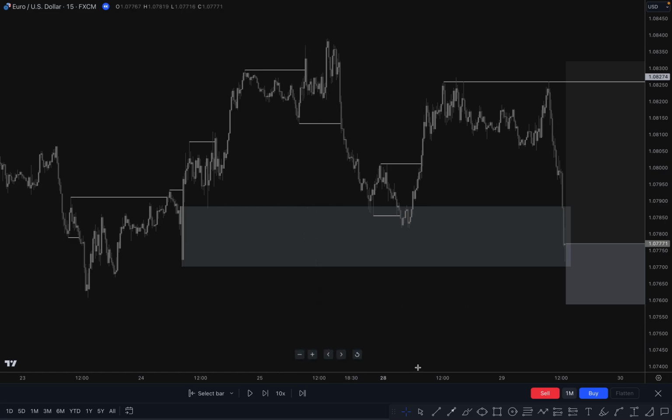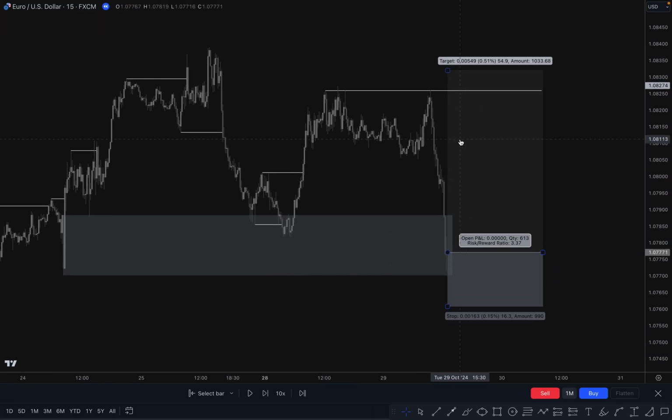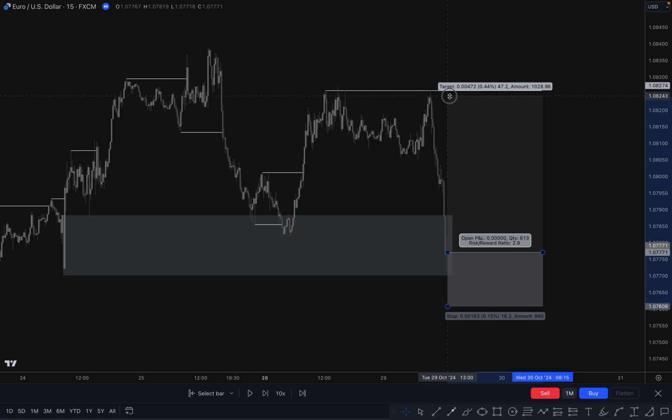Now, stop loss is also important because you don't want to go right below the demand zone. I look at the structure as well. So where was the last low before this one? It was over here. So that's where I would put my stop loss. And then I target again 1 to 3, like that.